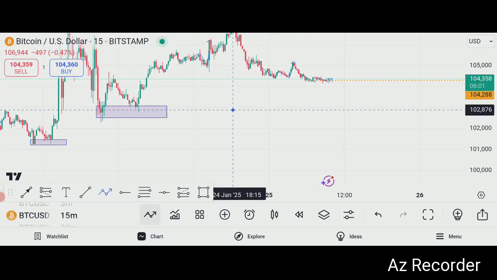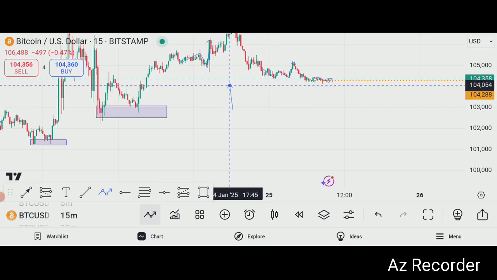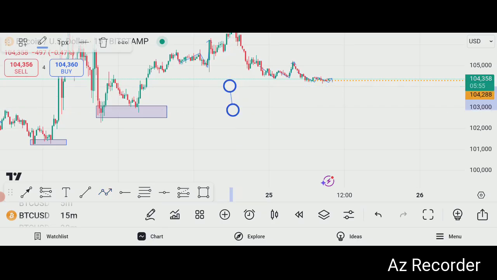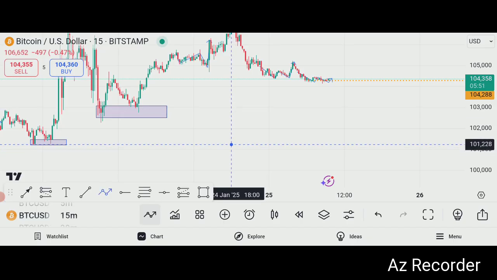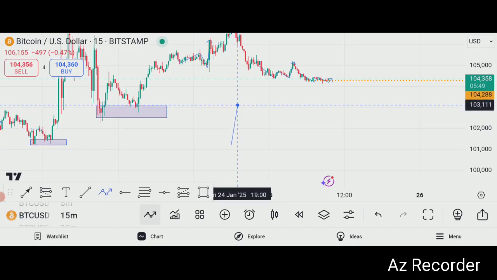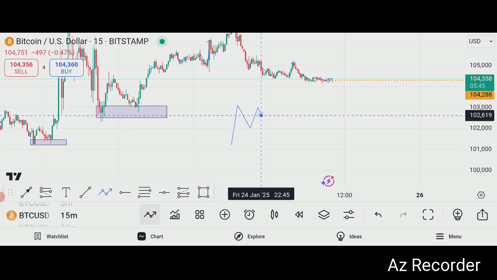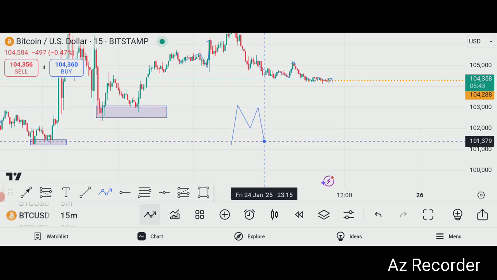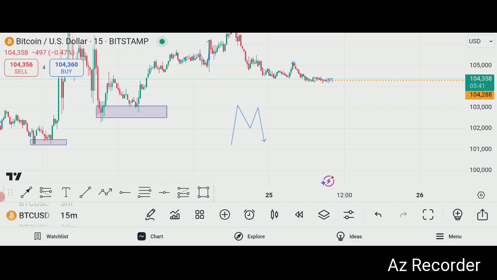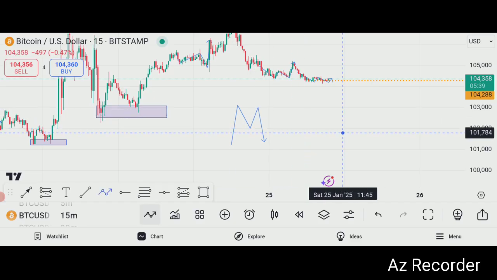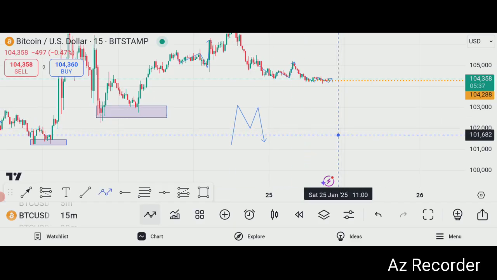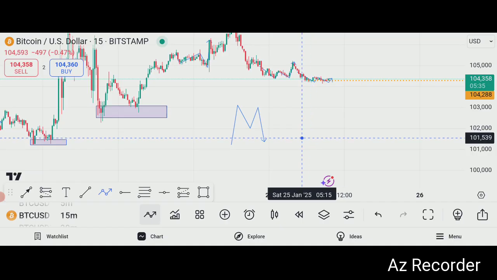A double top comes this way. Let me draw it in a way you can see it clearly. A double top comes like this, a perfect M like this. This one I drew here is a perfect one.